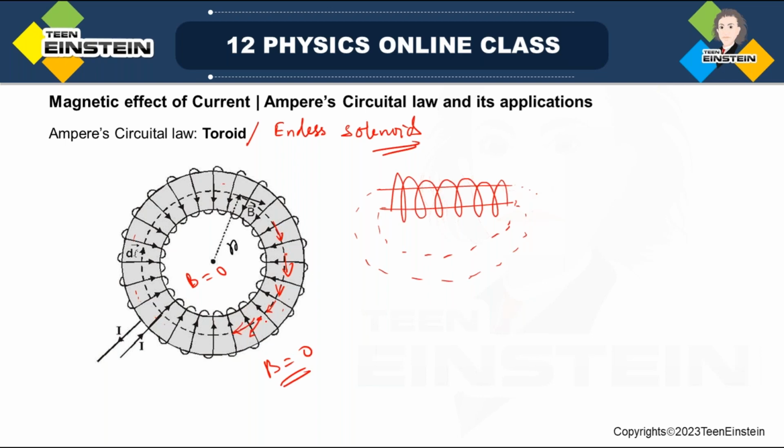So we have to find the magnetic field at any point inside the toroid, and show that the magnetic field is 0 outside the toroid and in the interior space of the toroid.